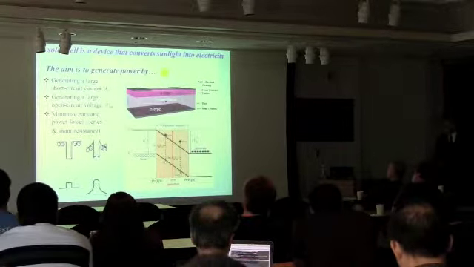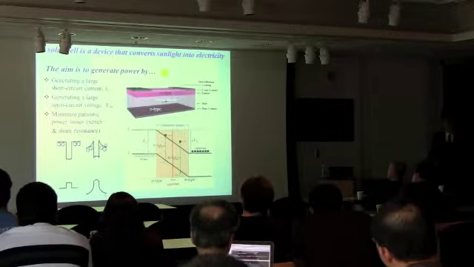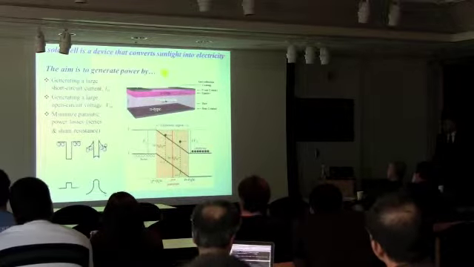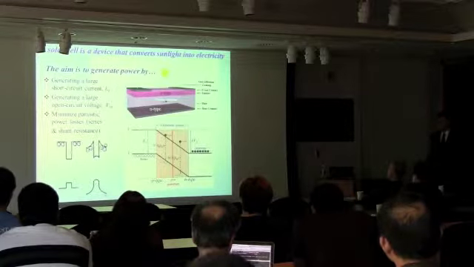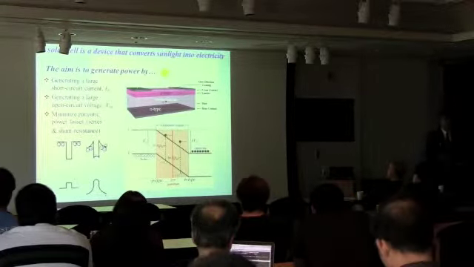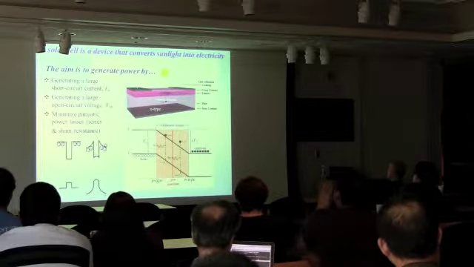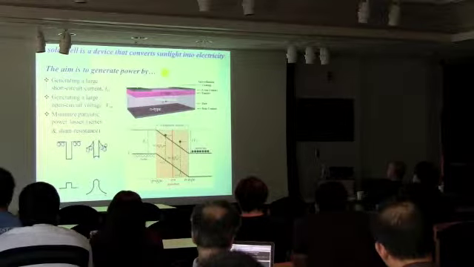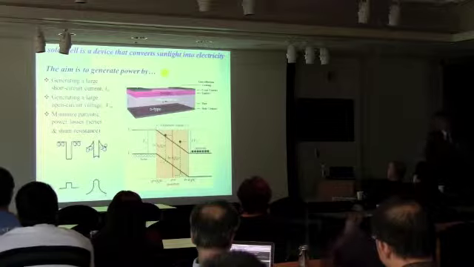So you will have part of the material doped by acceptors, part of the material doped by donors, and so it creates a so-called p-n junction, and in the middle, depending on the design, there is a so-called intrinsic region. That region might be different in different devices, but I will show you just the principle.